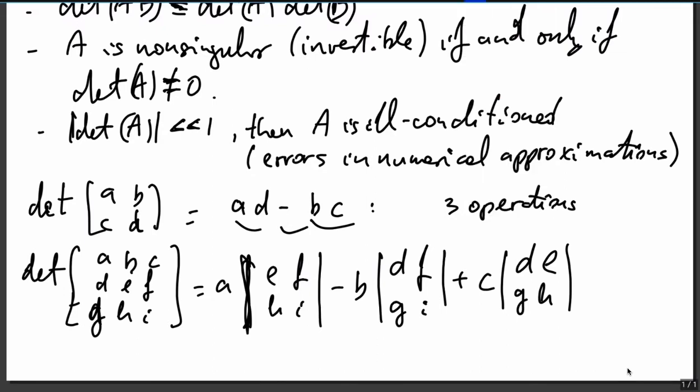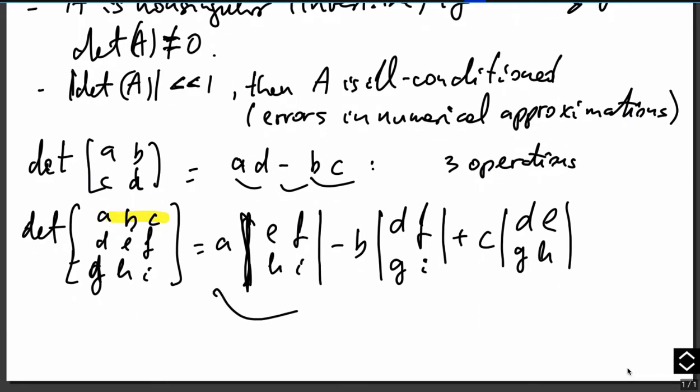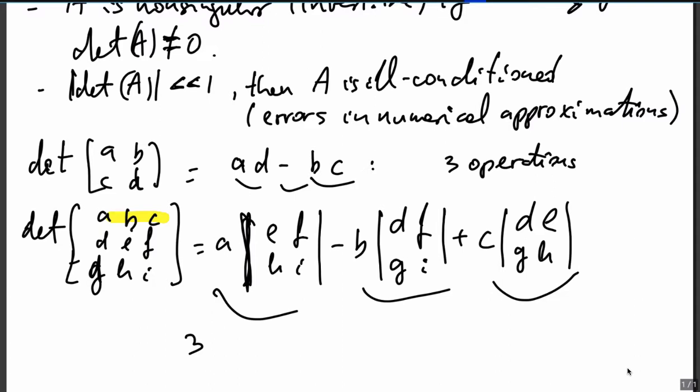So first we have 3 times the calculation of 2x2 determinants, which is 3 operations, and then we also have a multiplication in each of these cases, so it's plus 1, and then we also have a difference and addition, so this is plus 2. Altogether this is 14 operations.